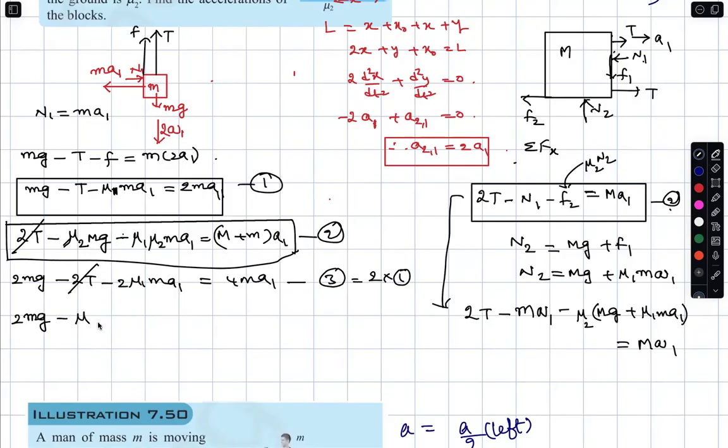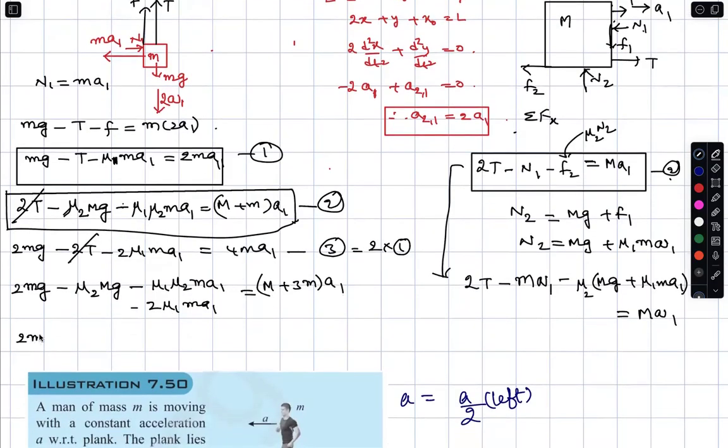Now what is happening is 2mg minus mu2 mg minus mu1 minus mu a1 minus 2 mu1 ma1 is capital M plus 3 small m a1. Now you bring all a1 terms one side.